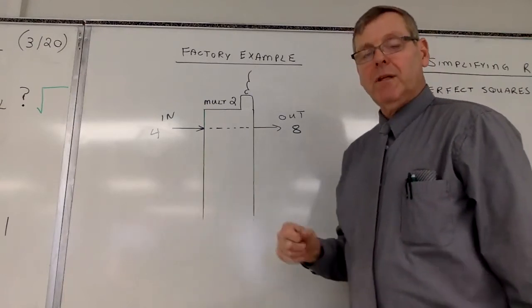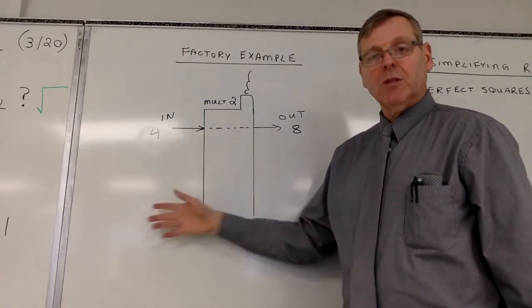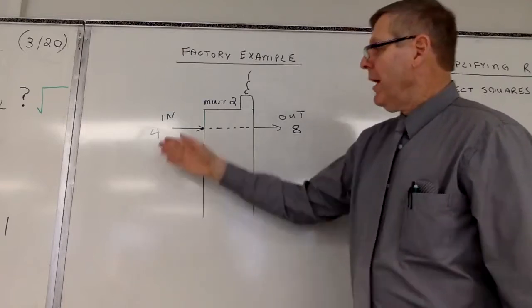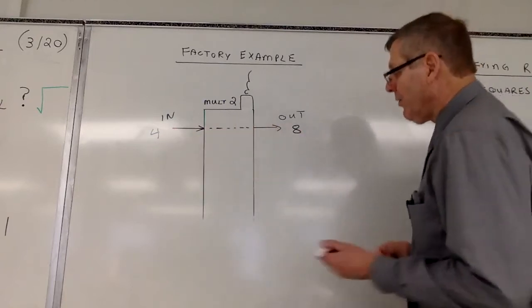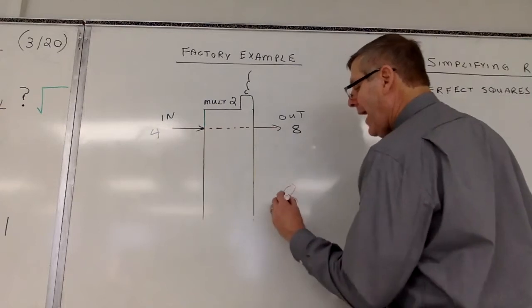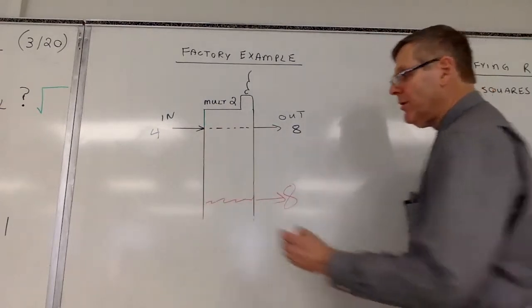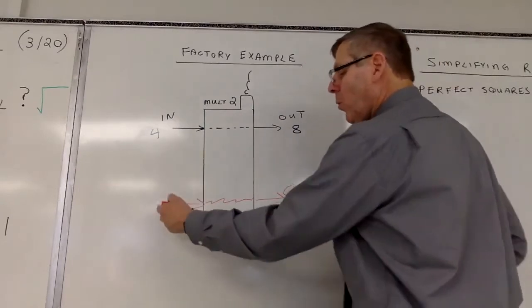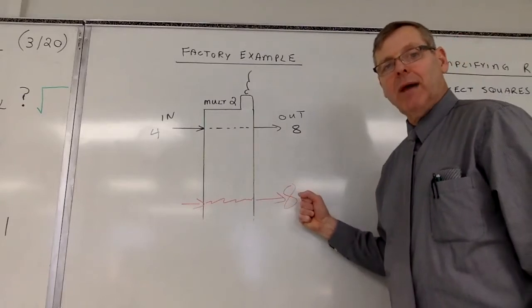Okay? Often in mathematics, the opposite operations are more difficult, just like taking that car apart. If 4 goes in here, we multiply it by 2 to get 8. Well, think about if 8 is what came out of the factory, let's go backwards, which is often harder to do. And the question is, what would have had to come into the factory to have 8 come out?